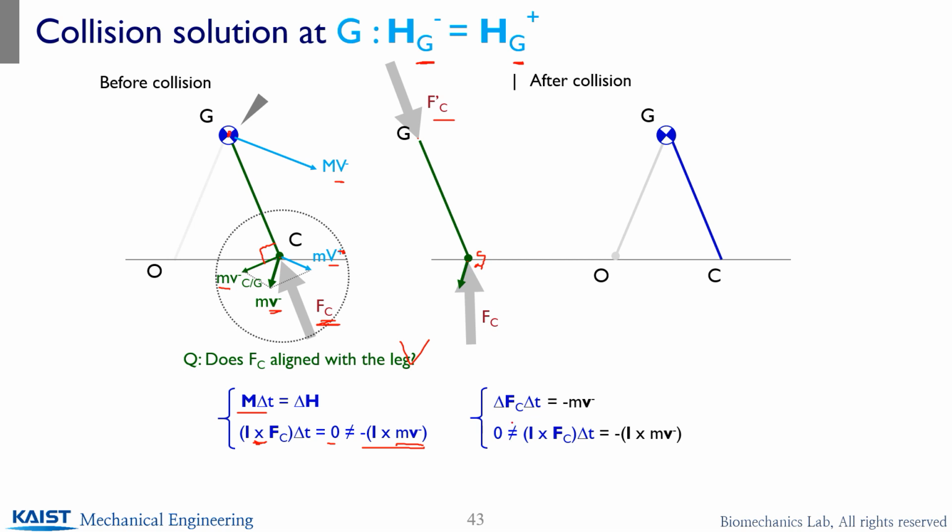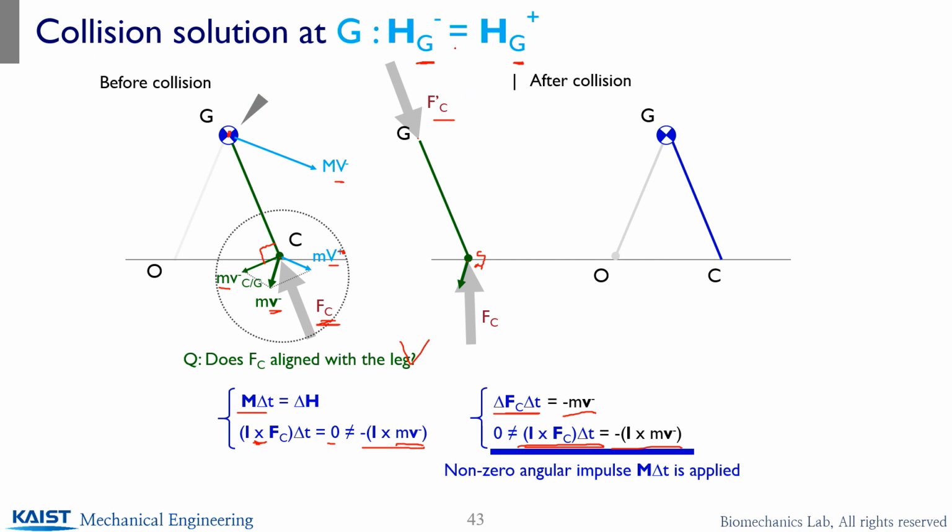So for those force components, the difference between the two translational forces applied gives a linear impulse that generates a linear momentum change, and a non-zero angular impulse applied will result in an angular momentum change. So here we can see that a non-zero angular impulse is applied in this situation.